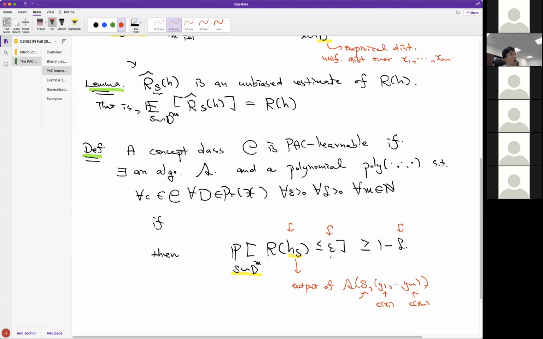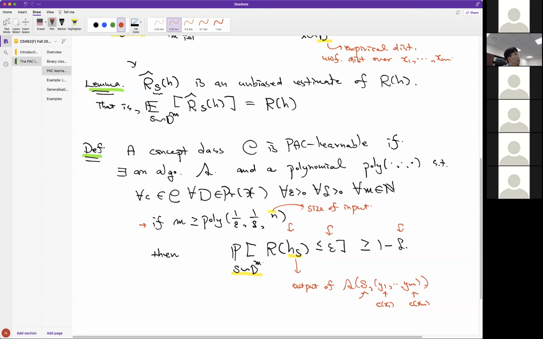Now, the big part of this definition boils down to the if part, which says this kind of thing happens when we have enough samples. If m is greater than a polynomial over 1 over epsilon, 1 over delta, and n. I'm going to explain what n is. This n is the size of the input.